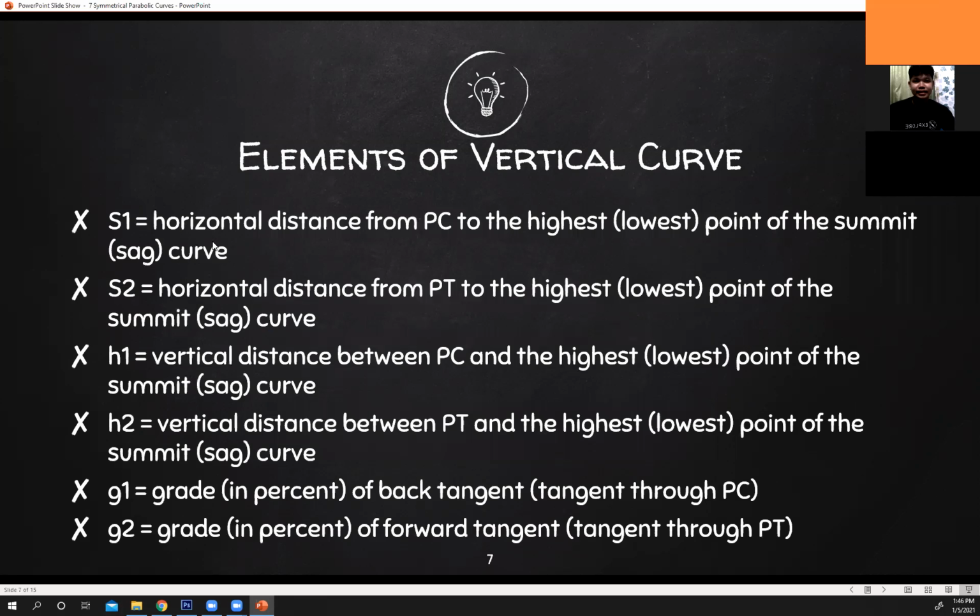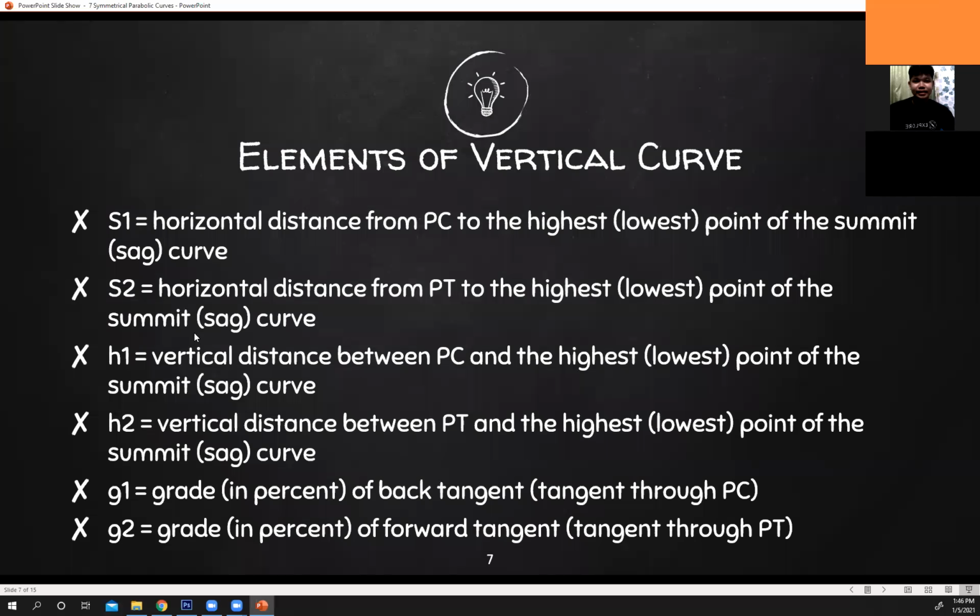S1, horizontal distance from PC to the highest (for summit) or lowest (for sag) point of the curve. S2, horizontal distance from PT to the highest or lowest point of the summit or sag curve. H1, vertical distance between PC and the highest or lowest point of the curve. Then H2, vertical distance between PT and the highest or lowest point of the curve.